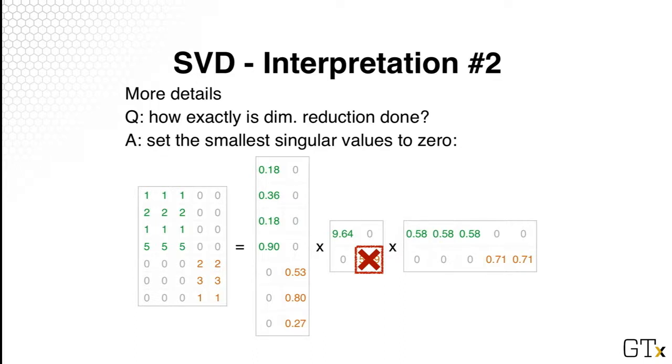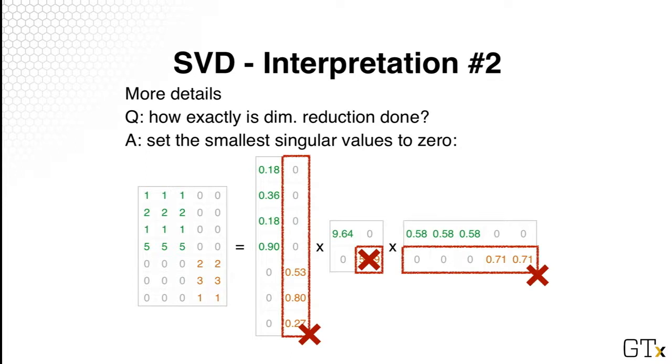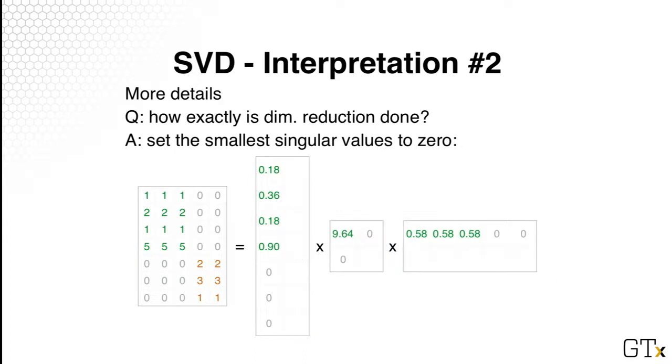By setting those to 0, we're essentially zeroing out the corresponding vectors. If you do the multiplication, you will see that we don't care about those vectors anymore, because as long as the concept values in the lambda matrix are set to 0, we don't really care what the other values are. Essentially, we're cutting out those columns and rows from our U and V matrices.